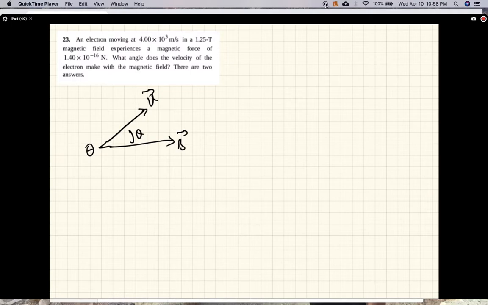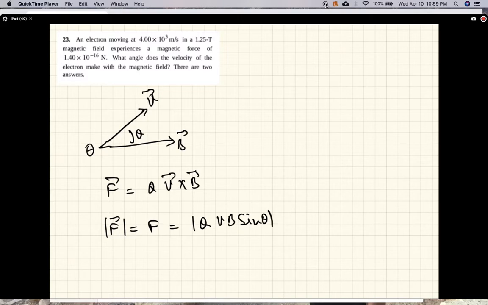The force is given by this equation, Q times V cross B, and we are given the magnitude of the force. So the magnitude of the force is equal to Q V B sine theta.